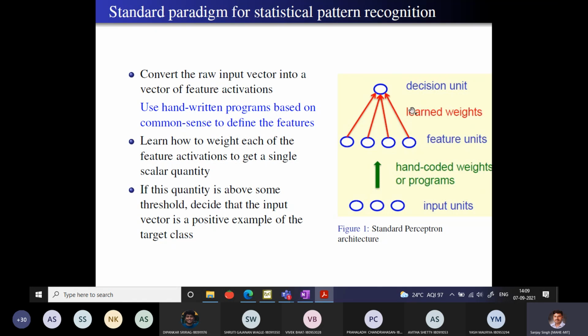So this is basically the conventional approach in the case of statistical pattern recognition. Now the question comes, why am I saying this? What does it have to do with perceptrons? Hold on a minute, I'm coming to that: how this particular structure is almost asymptotically similar, or very analogous, to the perceptron.